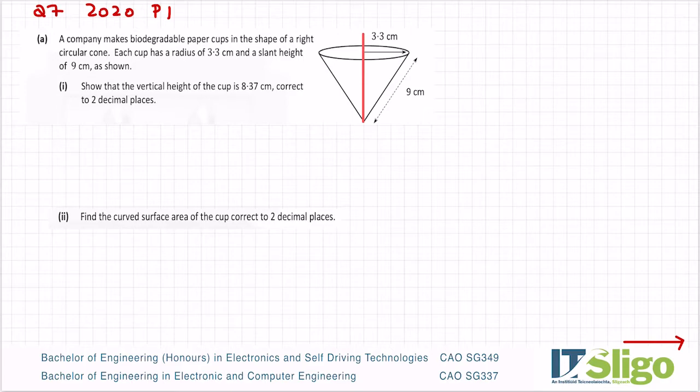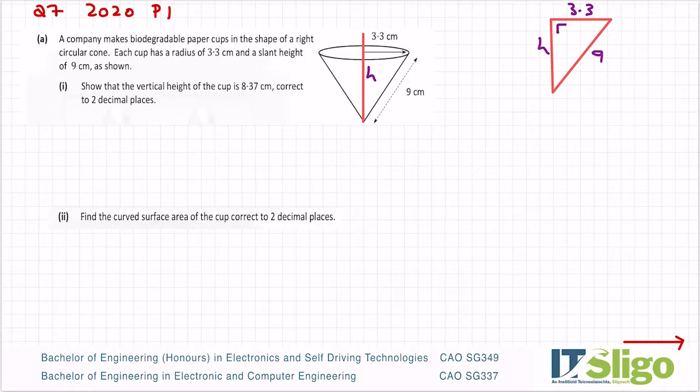So you end up with a right angled triangle. Let's see if I can draw that better. As such, inside your cone, where that's 3.3, that's 9, and that's that vertical height H that I need to show is 8.37.